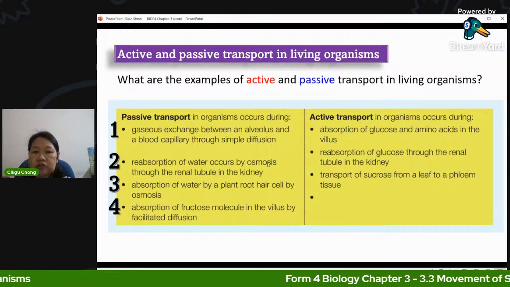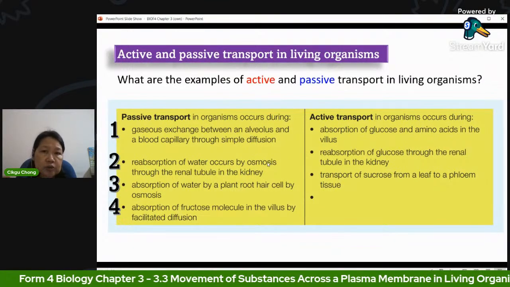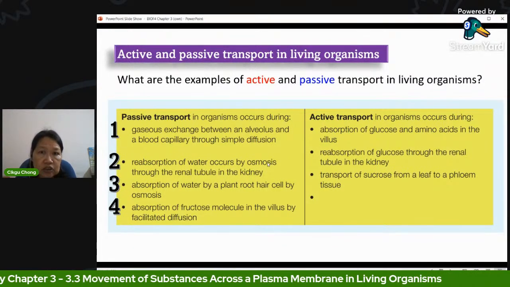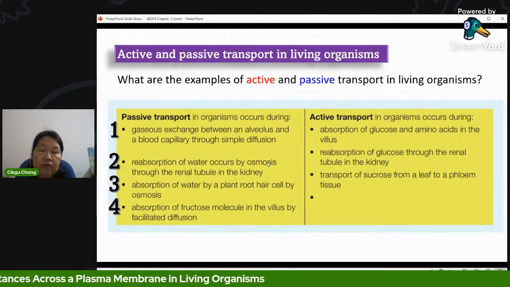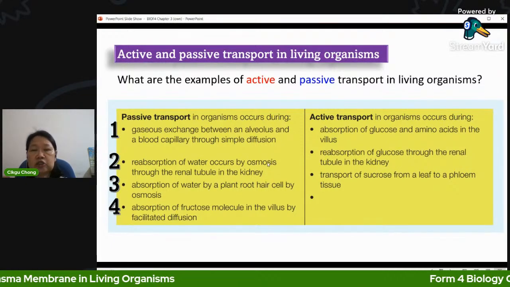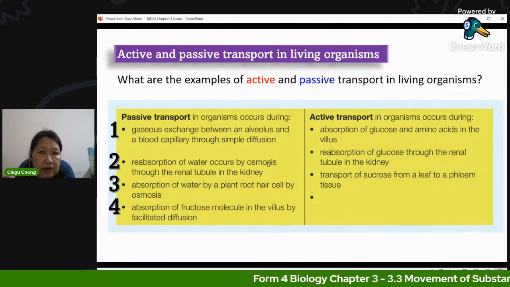Okay, next one. Transport of sucrose from a leaf to a phloem tissue. This is what we call transport of organic substances through the plant. When you learned in Form 2, Form 3 before, xylem is the vascular tissue that transports water in the plant.